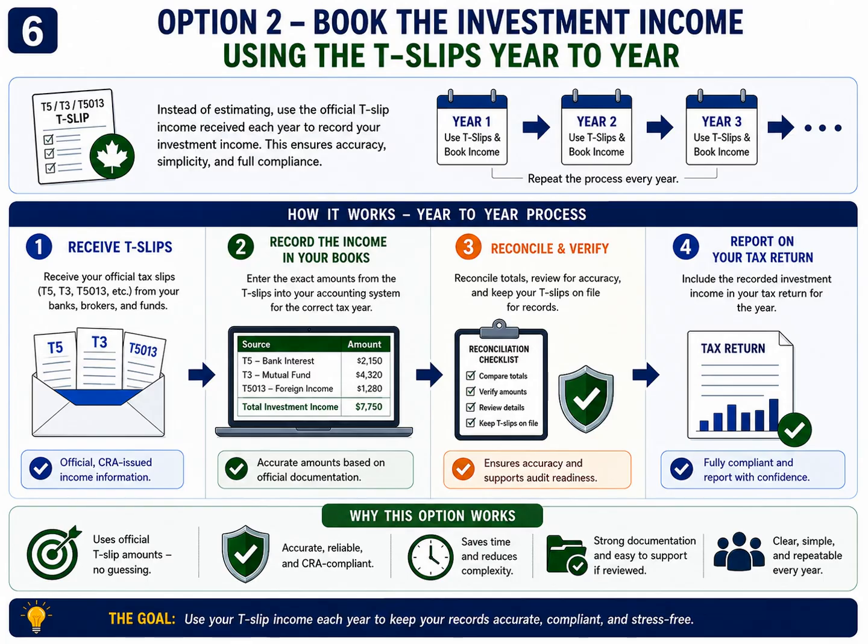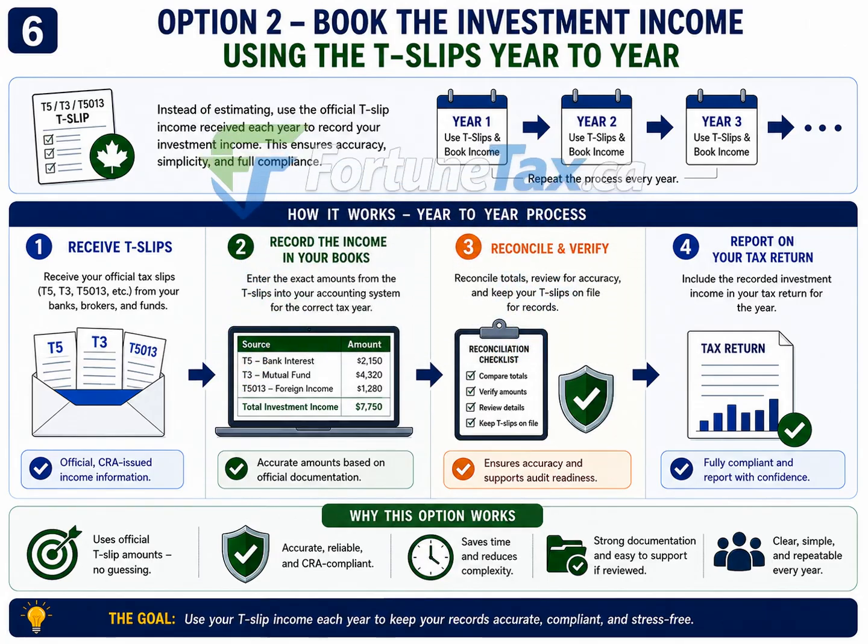Because the amounts come directly from official tax documents, there is generally less need for estimation and supporting calculations. The information can then be reconciled, reviewed for completeness, and incorporated into the corporation's tax return. The result is a reporting process that is often easier to manage and easier to maintain from year to year.